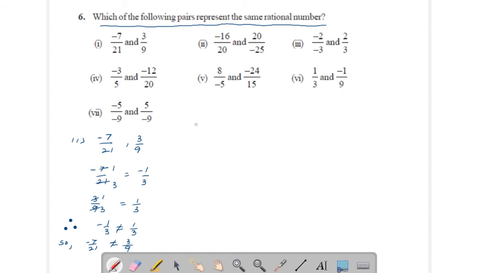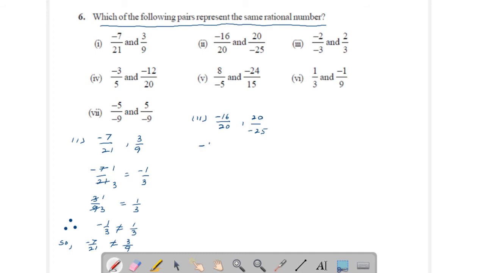Now come to second part. Minus 16 upon 20 and 20 upon minus 25. Here write in simplest form.